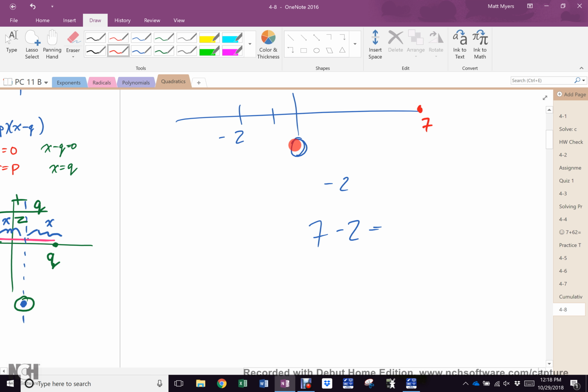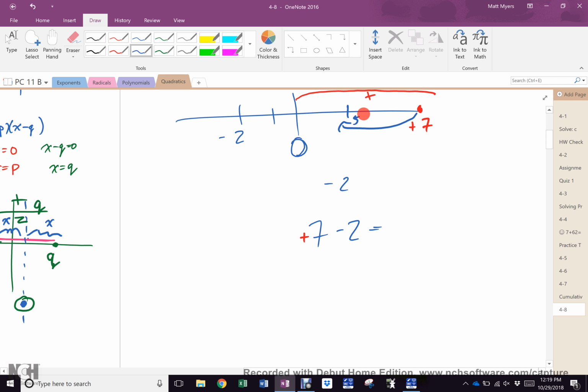How did I get to 7 from 0? I added 7, didn't I? Because this is positive 7. So what should be here that we don't write? Positive. Because really everything starts at 0, yeah? So I went positive 7, and then what did I do? Negative 2, correct? To get to 5.